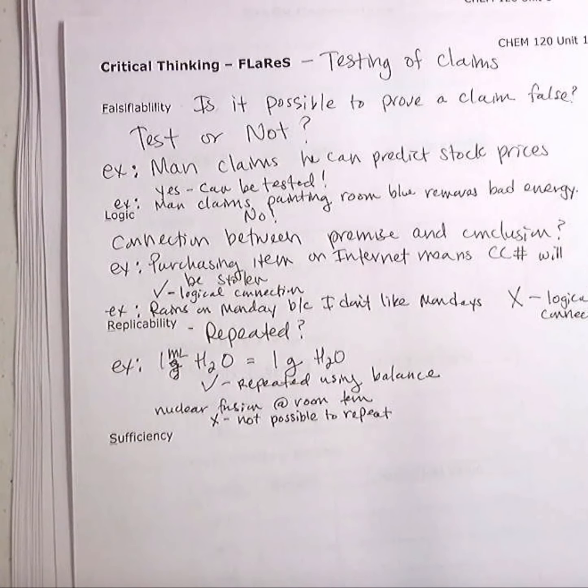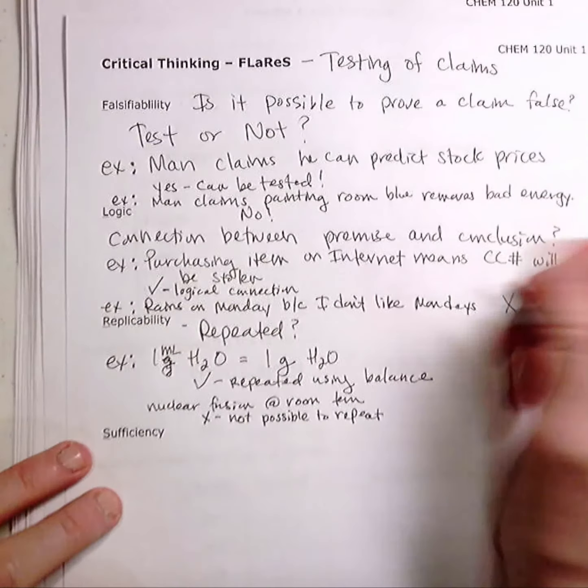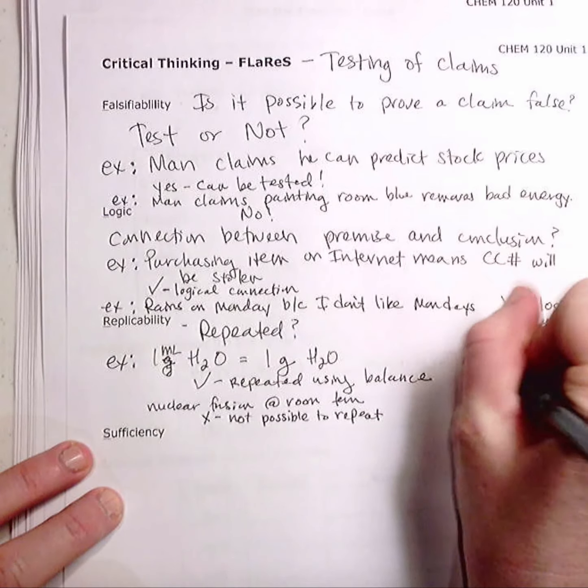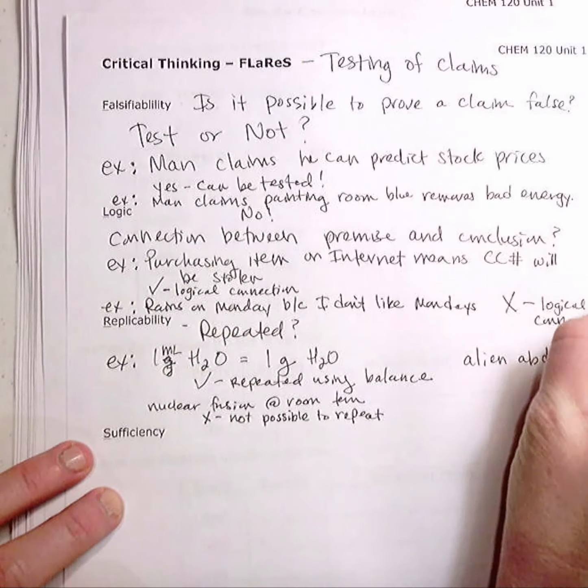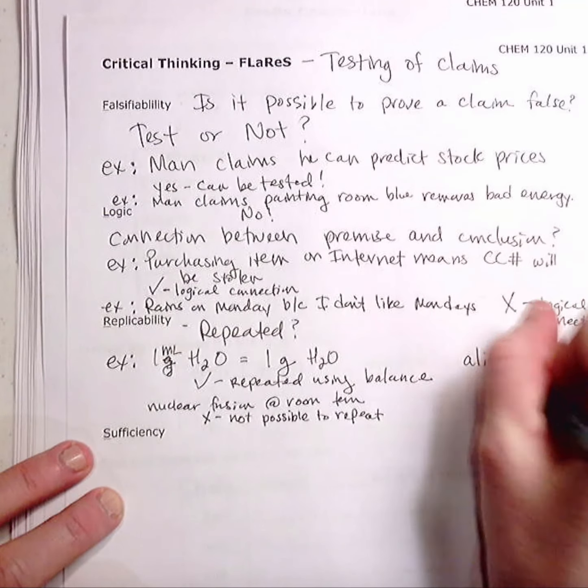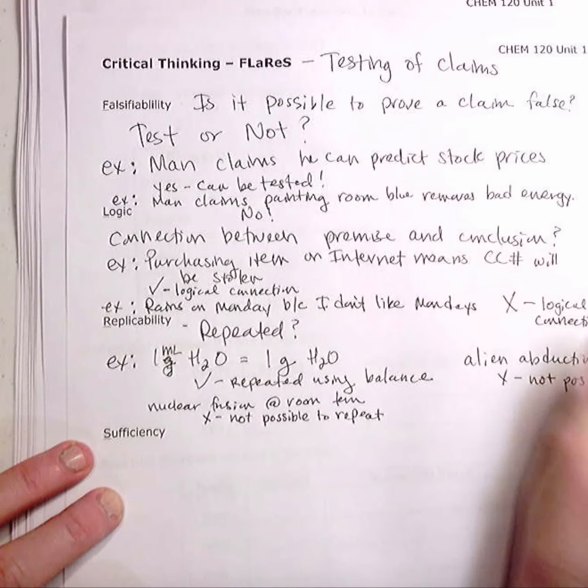Okay, another example. A person claims to have been abducted by aliens last month, and this cannot be reproduced. Alien abduction, not possible.